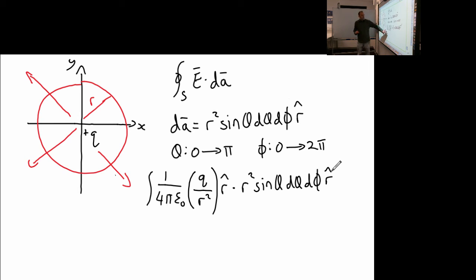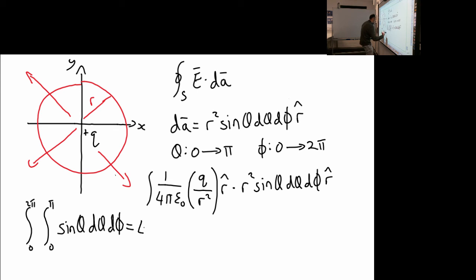And when we do the integral of sine theta d theta d phi, this is going to be equal to 4 pi.